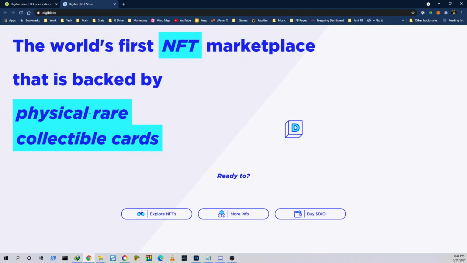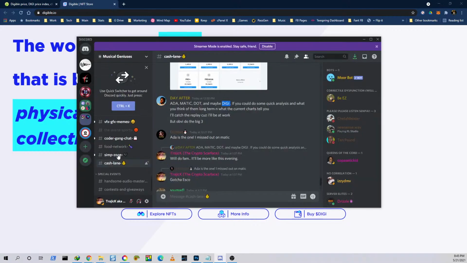It's the world's first NFT marketplace that's backed by physical rare collectible cards. Huh, man. Now that's interesting, bruh. That would be a Gary Vaynerchuk play, day after.